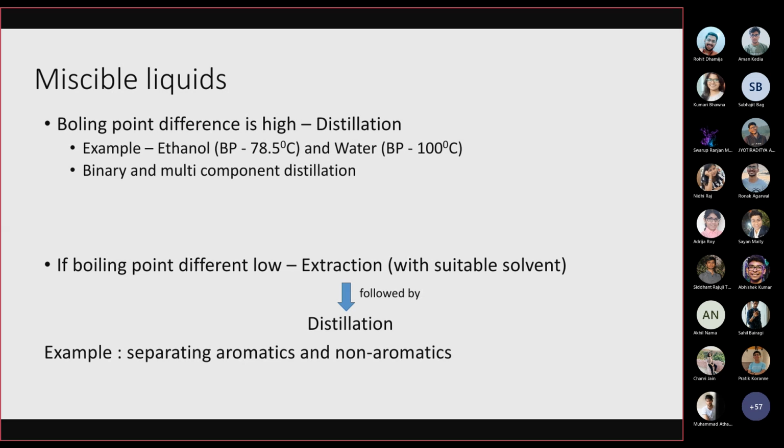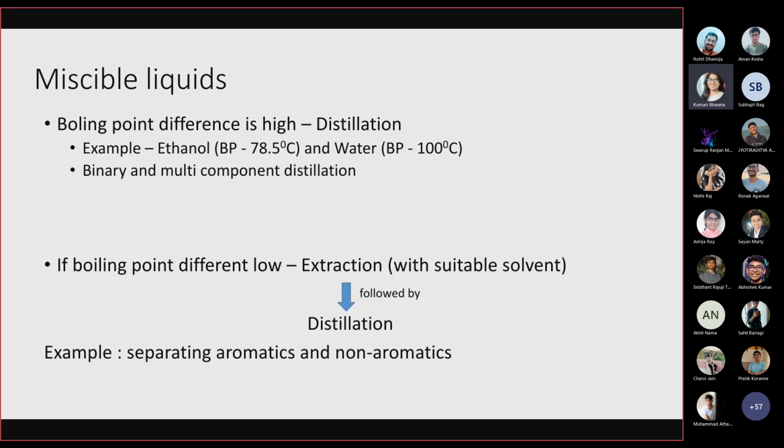For example, after crude distillation, aromatics and non-aromatics come together, like N-heptane and benzene.